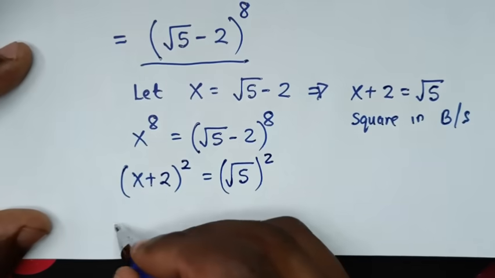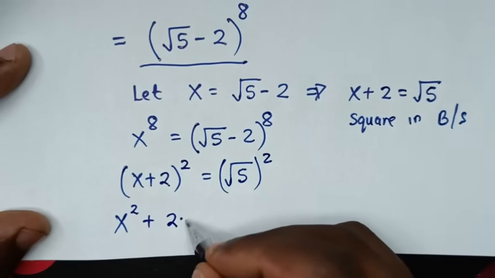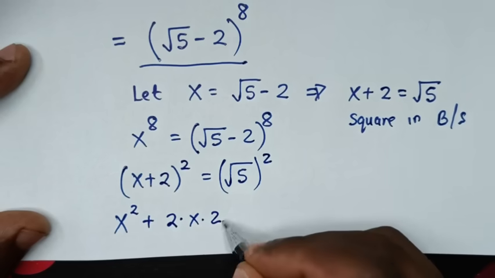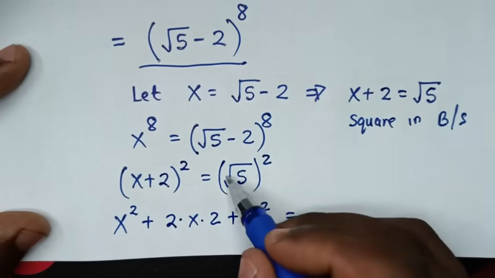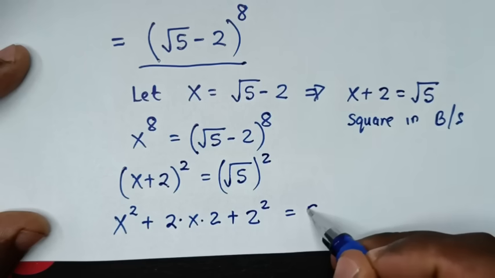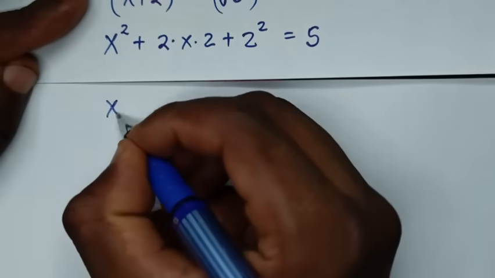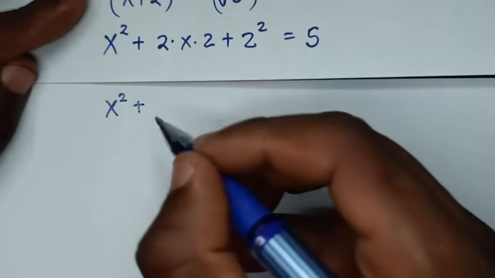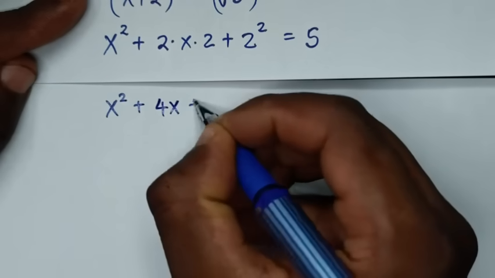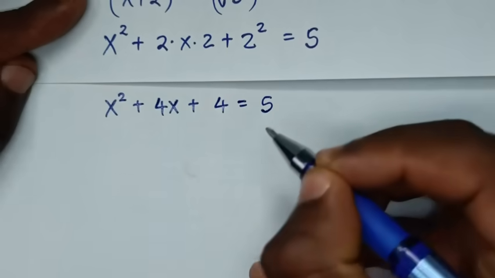So to expand this, it will be x squared plus 2 times x times 2 plus 2 squared is equal to, and here the square and the square root cancel, so it will be equal to 5. Then in the next step, it will be x squared plus 2 times 2 is 4, 4 times x, it will be 4x, plus 2 squared, it is 4, is equal to 5.